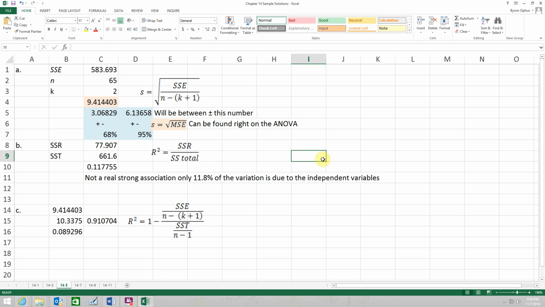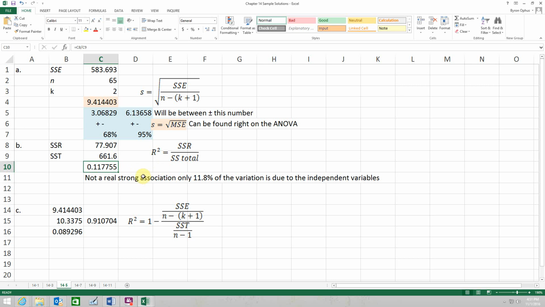If you go to the SS column, go down to the regression, and where those two intersect, 77.907 is my SSR. My SST is the total, which is 661.6. It's just one divided by the other: SSR divided by SST gives me 0.1177, or 11.8 percent.